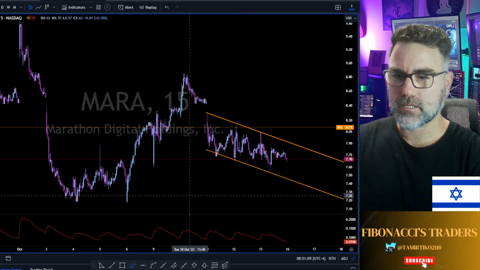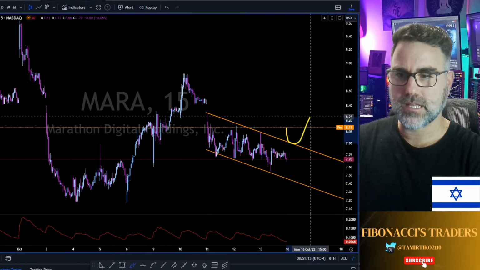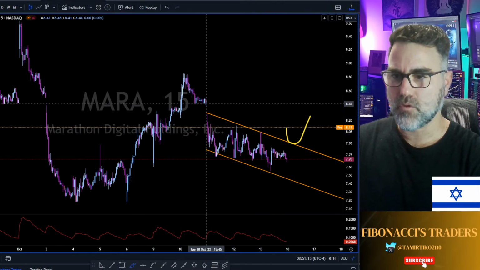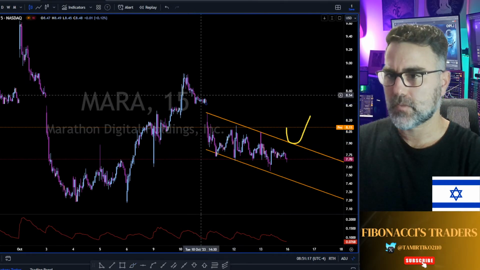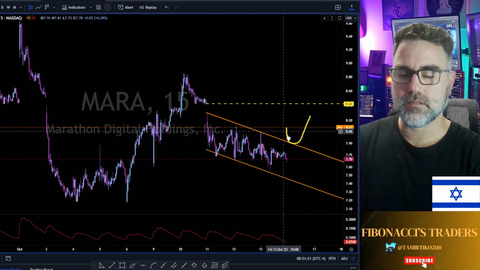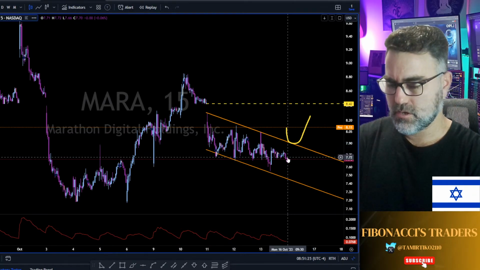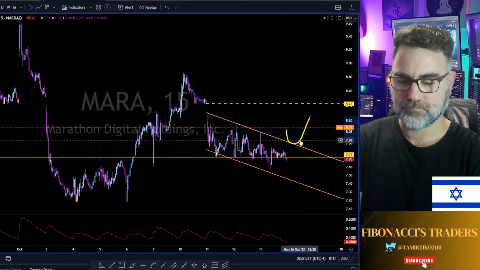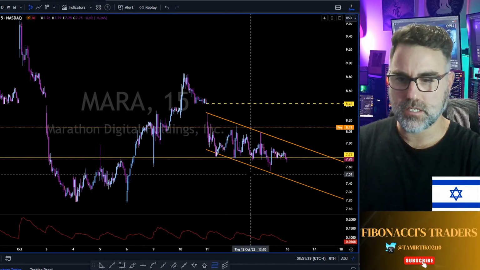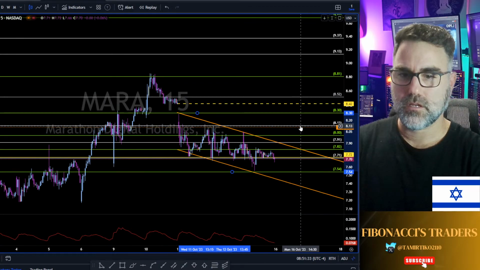Intraday pullback, holding the support before the next leg up, going into this gap over here, breaking below and heading back inside this channel. This gap will get filled. You can take Fibonacci, and there you have it.